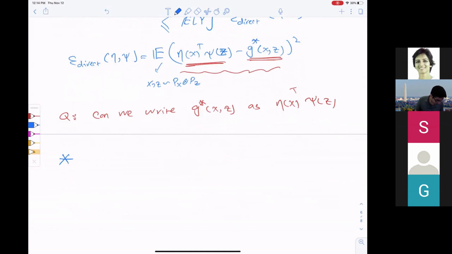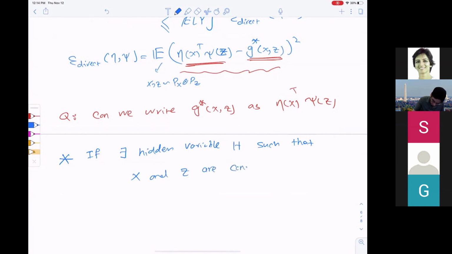So they're assuming there is a hidden variable h such that x and z are conditionally independent given h.